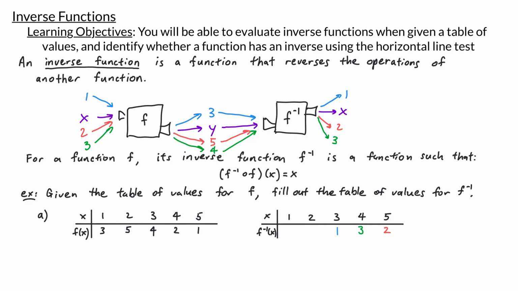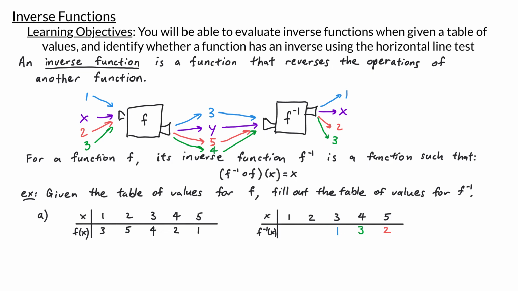Let's look back at some of the entries that we have here and think about them as points on a graph. Our first entry here tells me that the point (1, 3) is on the graph of the function f. Now on my inverse function, we have this entry, which corresponds to a point (3, 1).